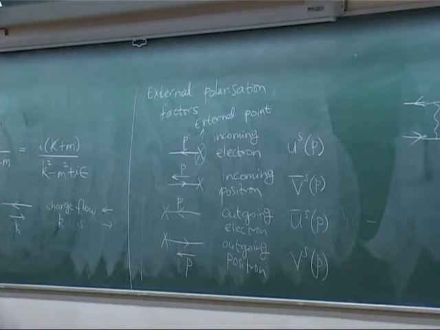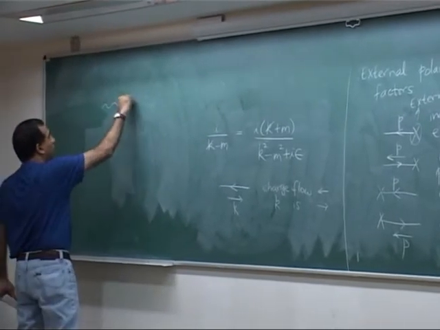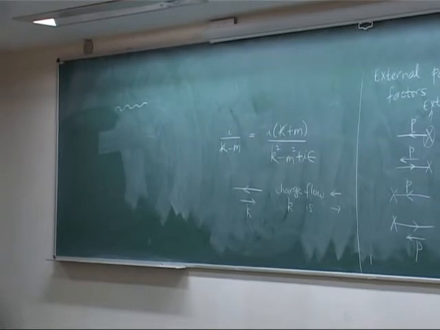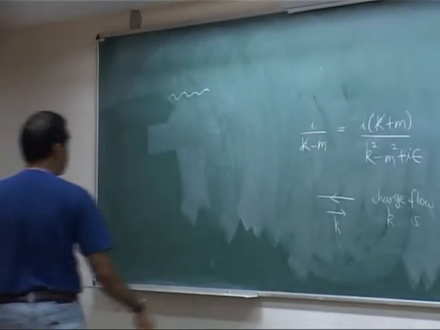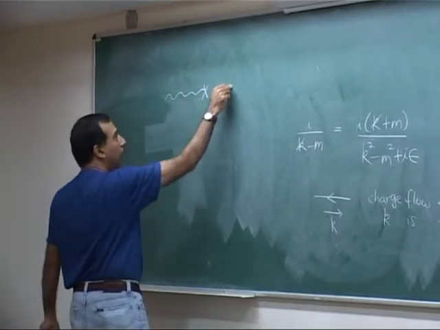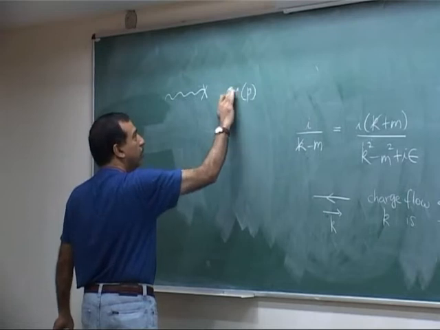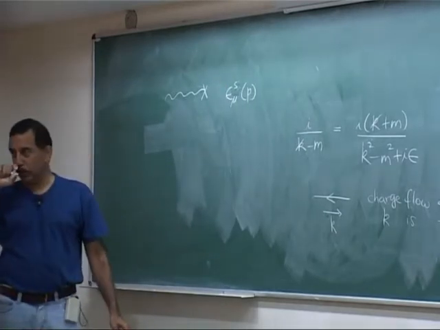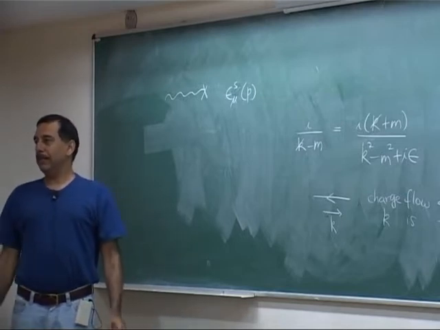That leaves the external line factor for the gauge field. And this again has two possibilities. One is where the X is put here, and for this we put epsilon mu of P, epsilon mu S. S takes the values 1 and 2 if the momentum is in the 3 direction.